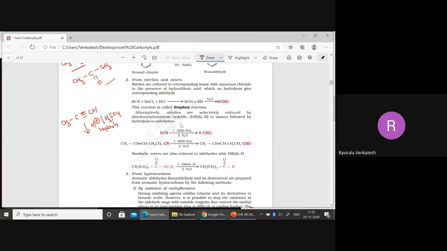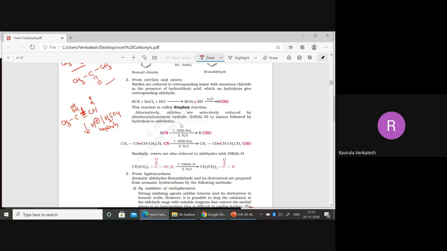Very simple. Now break this bond. Break two bonds actually, all the pi bonds. Now put here OH, put here one hydrogen. Once you break one pi bond, you have to put one OH and one hydrogen. So you are breaking two pi bonds, so put two OH groups and two hydrogens.